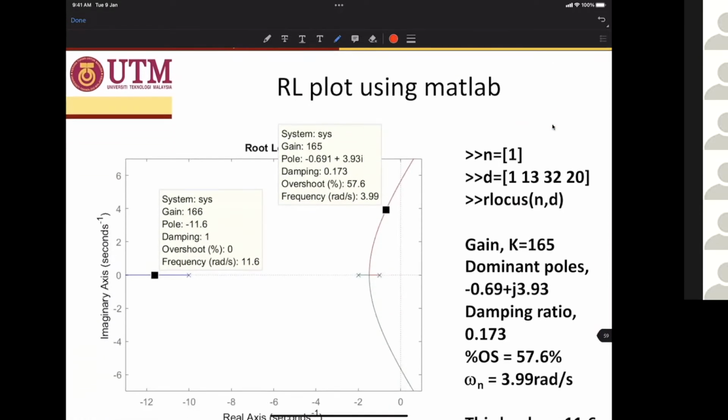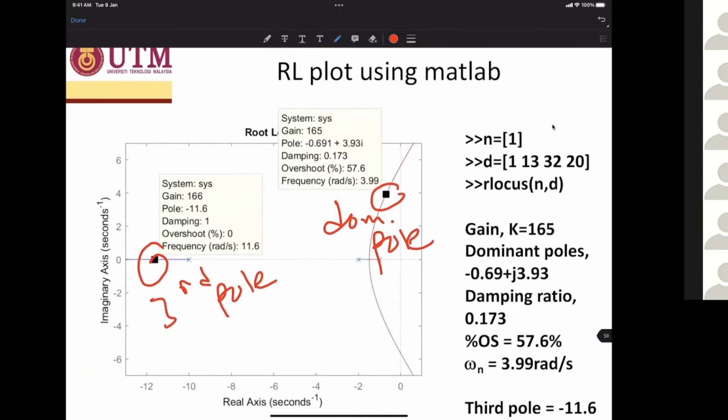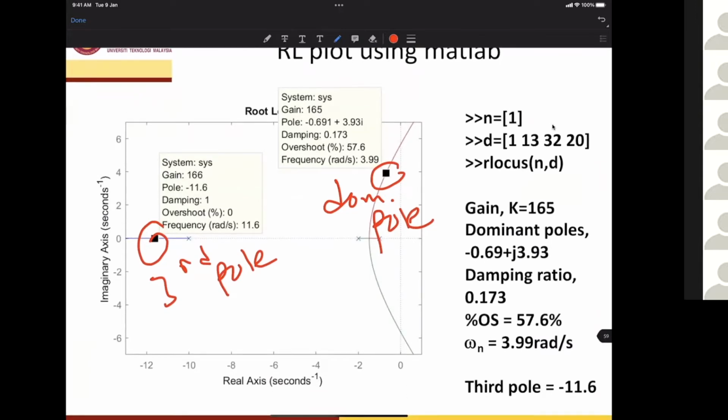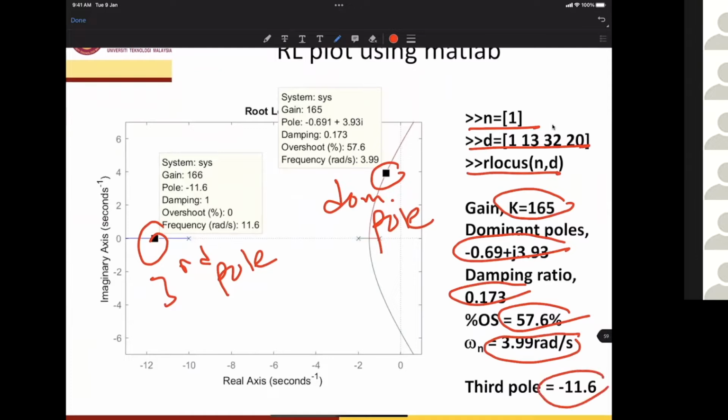Dan kita plot, so kita dapat dominant pole dan third pole. Okay. By computer, by MATLAB. Okay. So this is the program.